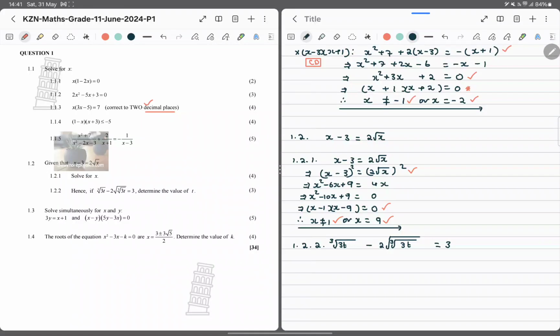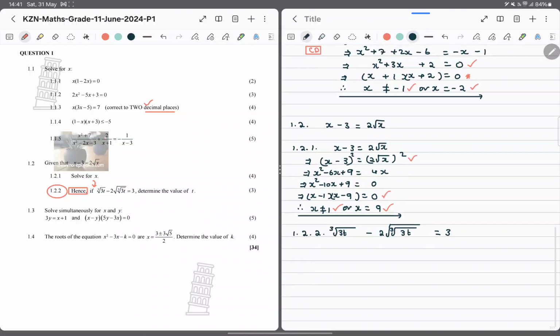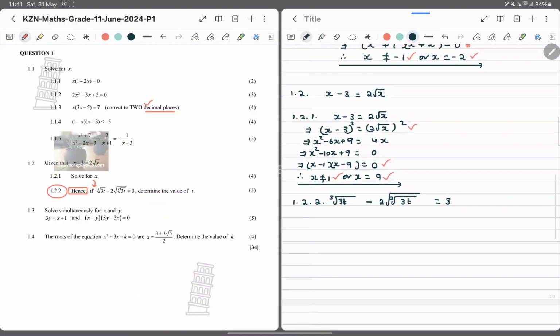Now this is one of those higher grade questions, but this statement hence is already indicating that we will have to draw from 1.2.1. I don't know why I'm thinking of 1.2.3. Now remember, folks, we had x minus 3.